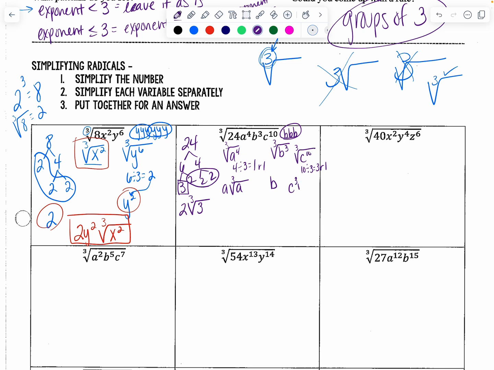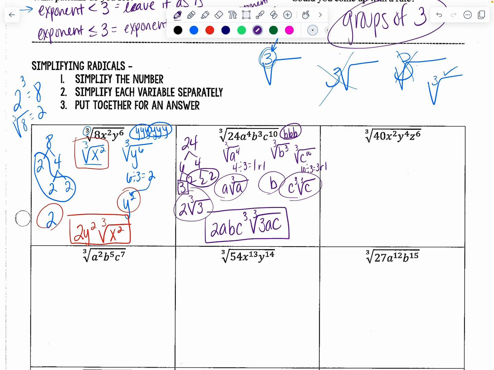So then I have c to the third on the outside and c on the inside. Now I'm going to take each one of these pieces and put it together. Everything that's outside the radical, I put outside together. So I have 2a, b, c to the third, cube root of 3ac.